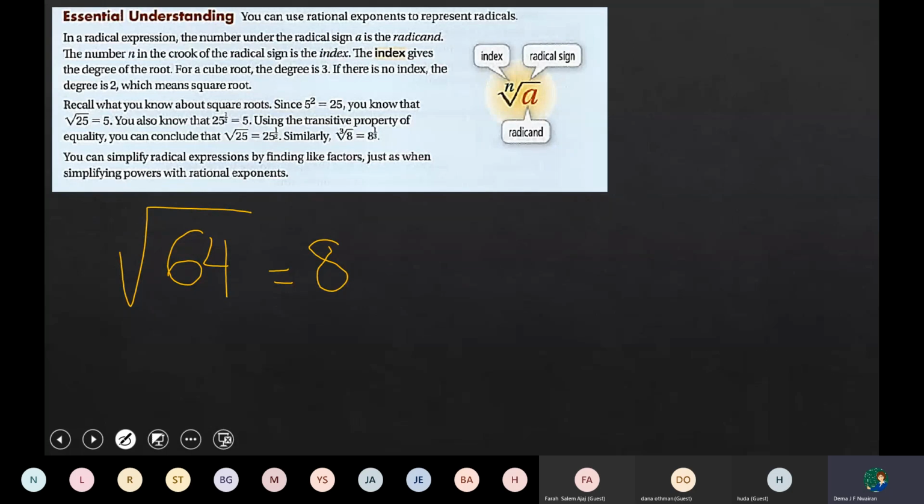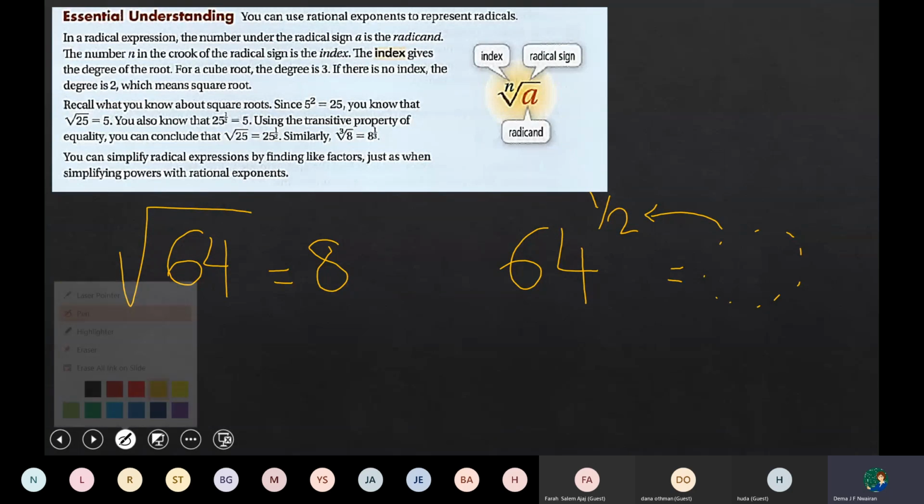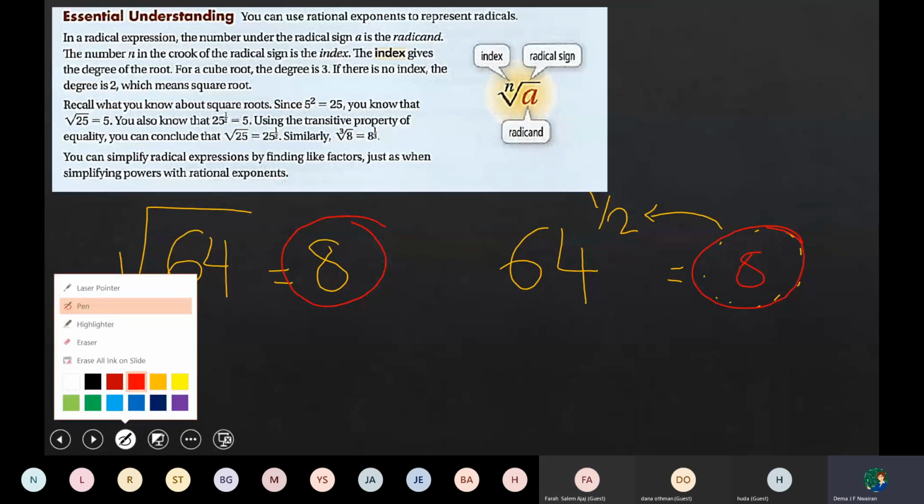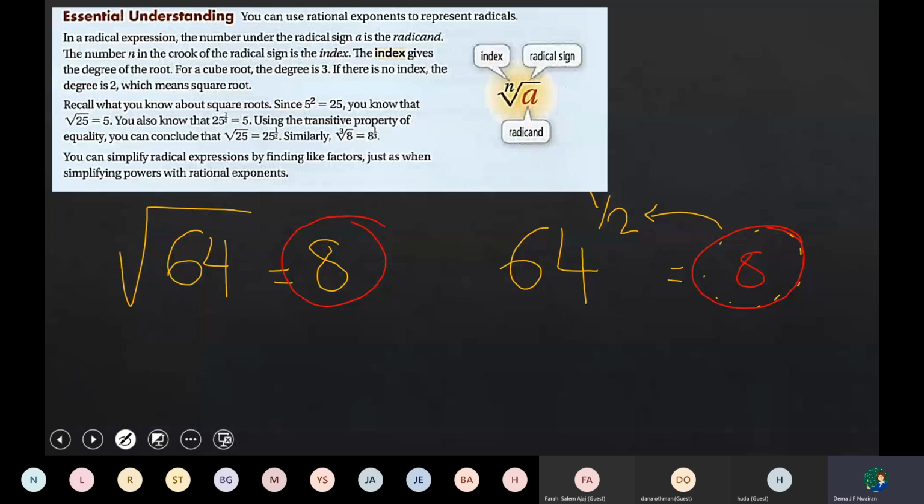And also, we said before that if I told you 64 raised to the power half, what is the number that if I raise to 2, the answer is 64? It is 8. And since this 8 is the same as this 8, I can say that this one is the same as this one.